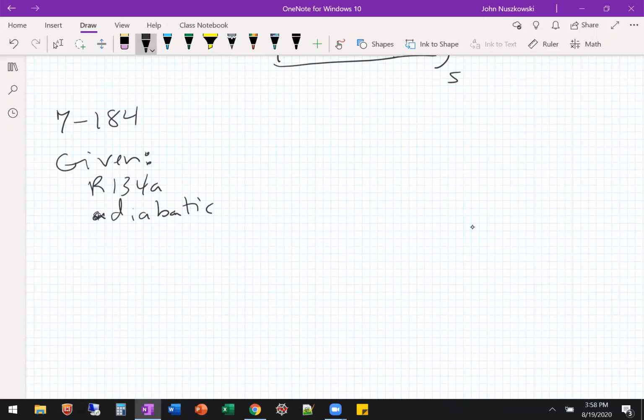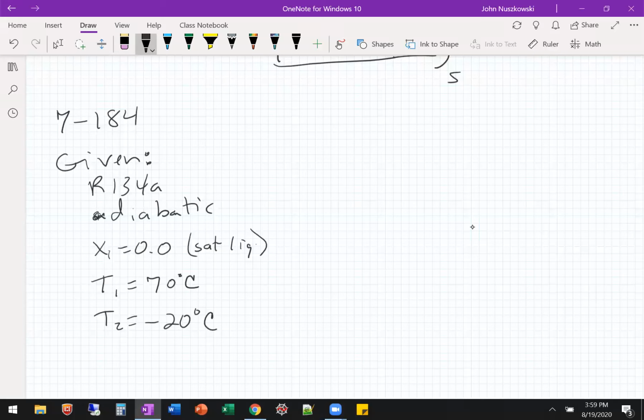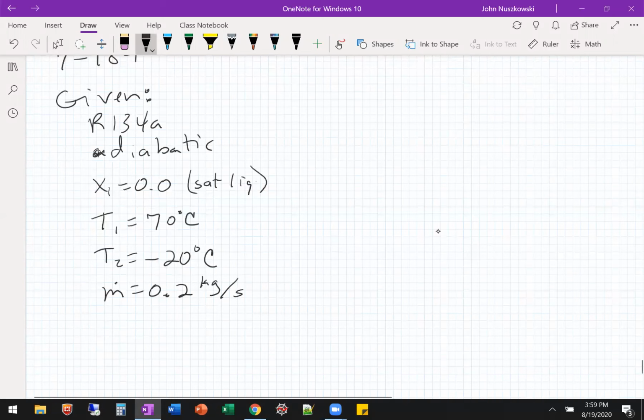Okay. Initially, it's a saturated liquid, state 1, so that's quality of 0, sat liquid. Temperature is 70 degrees Celsius. Exiting temperature is -20 degrees Celsius. And then they give the mass flow rate, 0.2 kilograms per second. They want us to find the rate of SGen.